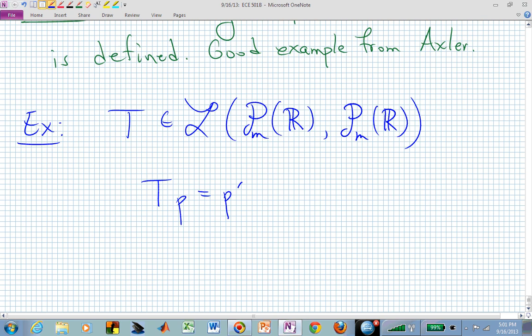Can you find a vector in that third order polynomial set which, when differentiated once, is not able to cover the entire vector space of third order polynomials? Is this map surjective or not surjective?